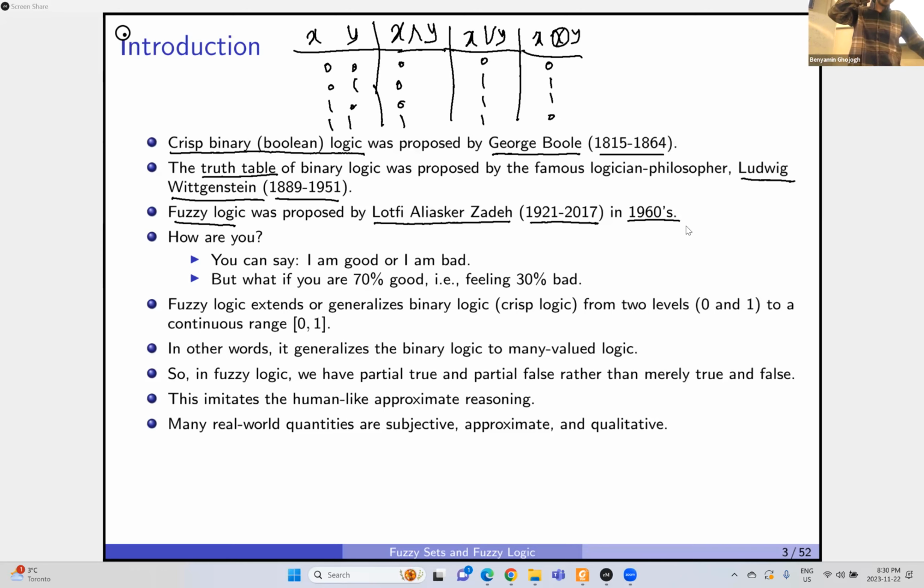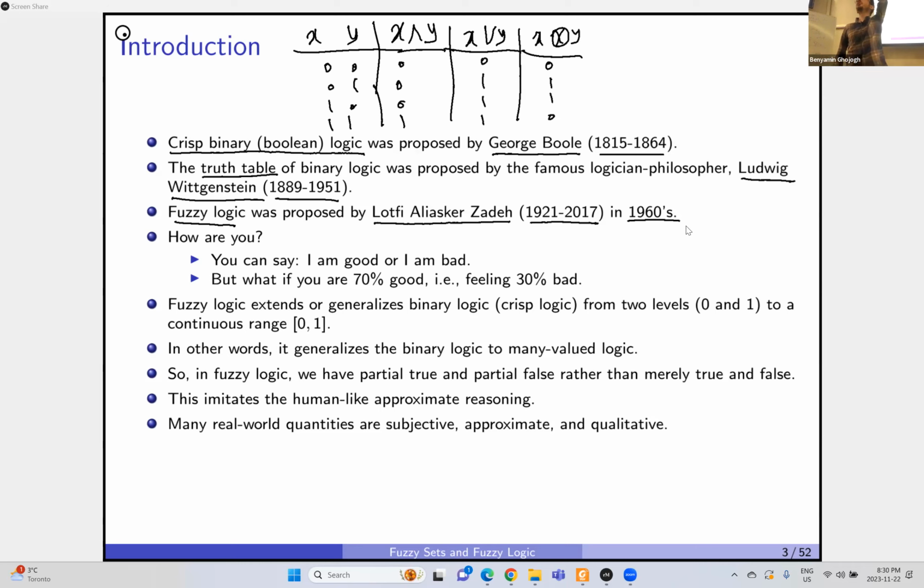He's very famous. According to my memory, and I might be wrong, he was born in Azerbaijan. Then his family moved to Iran. I think he did his high school and undergraduate studies in Iran, at the University of Tehran.